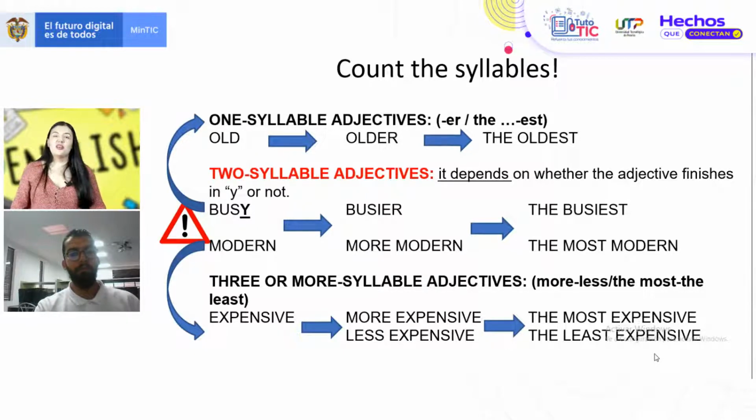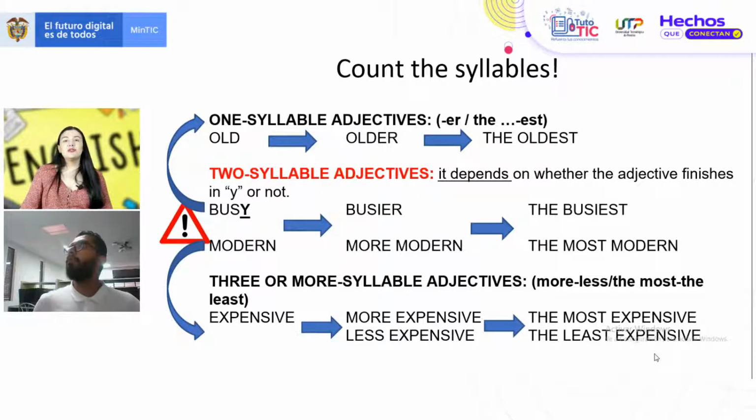Pero, ¿qué si yo quiero decir el menos? ¿Sí? Si yo quiero decir el menos, ¿cómo lo diría? Entonces, miremos este último ejemplo. Diríamos the least. The least expensive sería el menos costoso y el más caro sería the most expensive. ¿Ok? The most expensive. Those two are the superlative to say that something is the most and the superlative to say that something is the least.